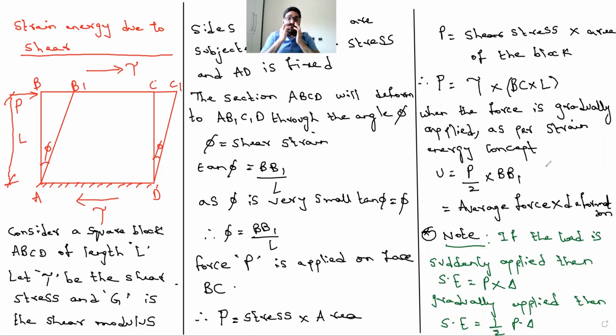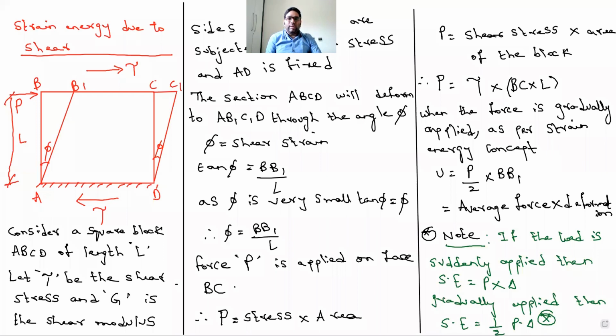In this case also, the load is gradually applied. When the load is gradually applied, as per the strain energy concept, the average force multiplied by deformation will give the strain energy. Okay. So with that understanding, we will proceed with the derivation for the strain energy in the next step. So this is the note point.